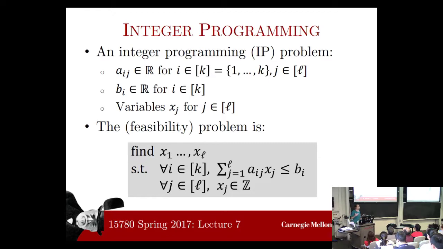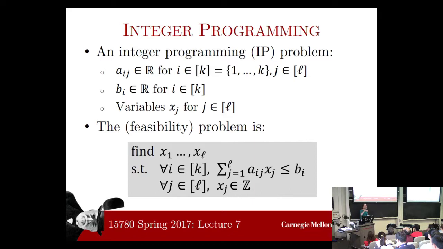Now, we're going to start by just thinking about feasibility problems, just asking, is there a solution that satisfies these linear inequalities with integer variables? We'll talk about optimization problems later on, but let's just write a feasibility problem with these notations. So what we want to do is find values for the L variables, such that for each one of the k constraints, the sum over j from 1 to L of a_ij, the constant, times the variable x_j is at most some b_i.